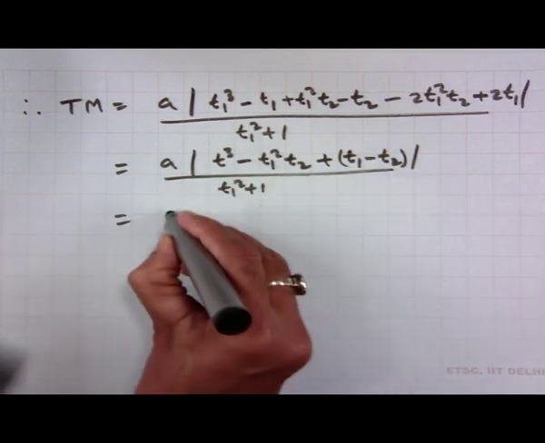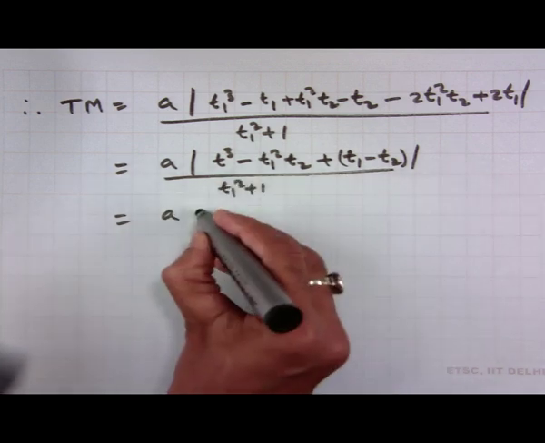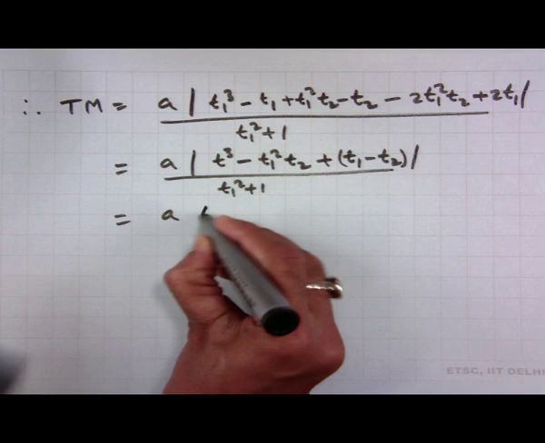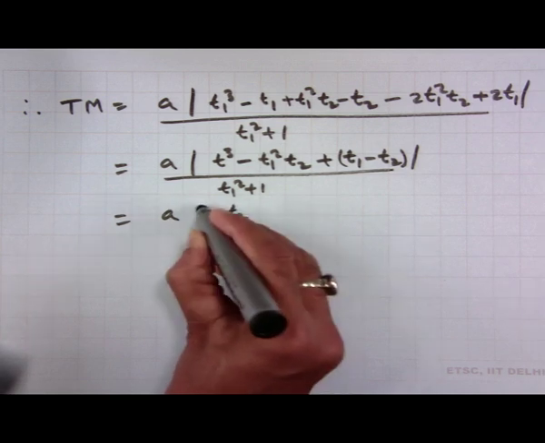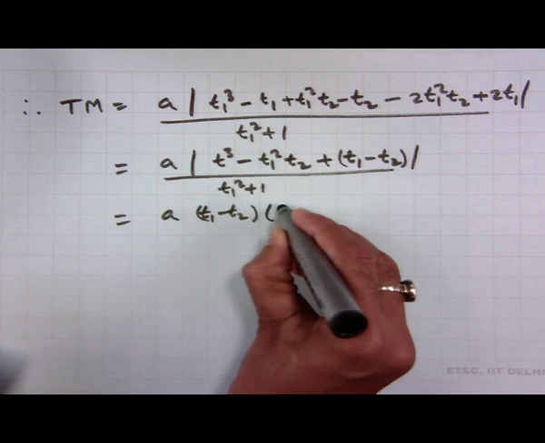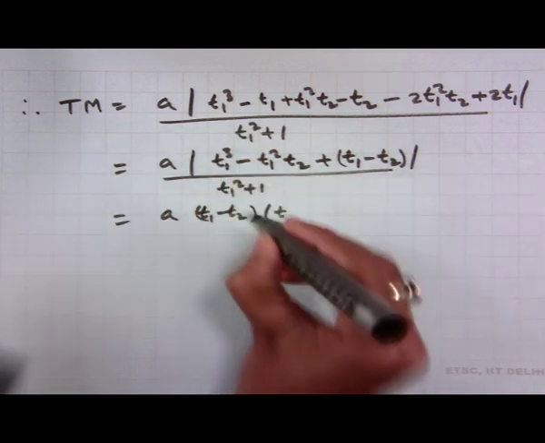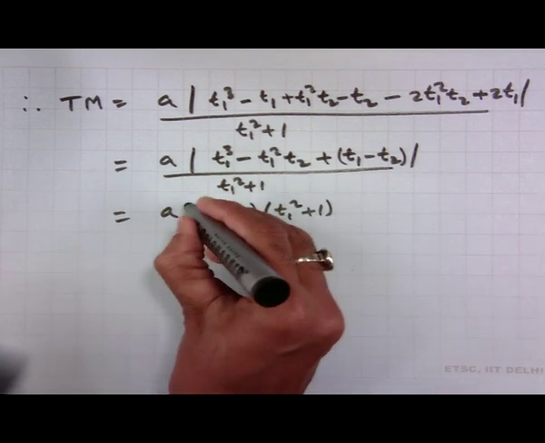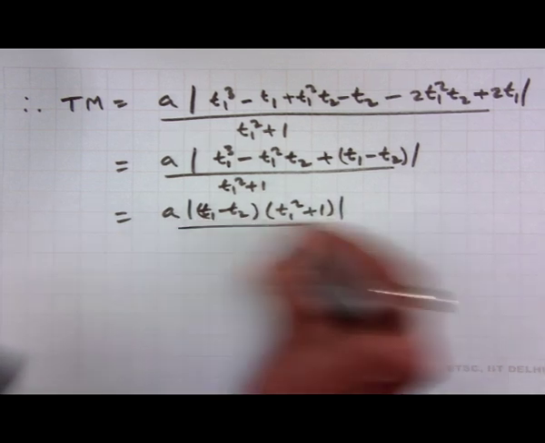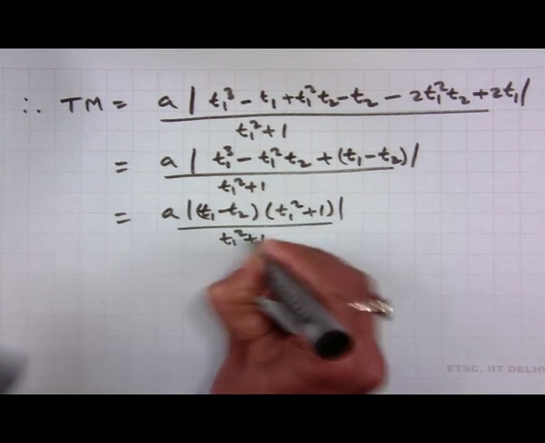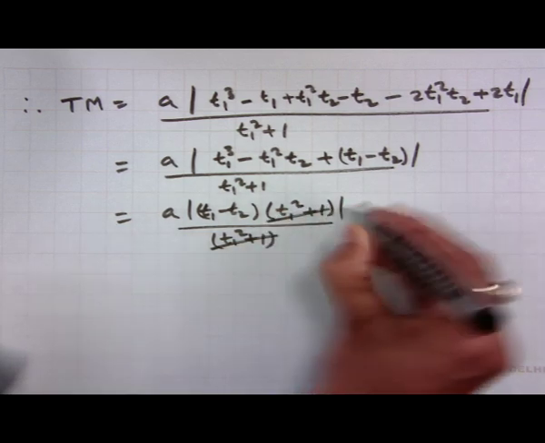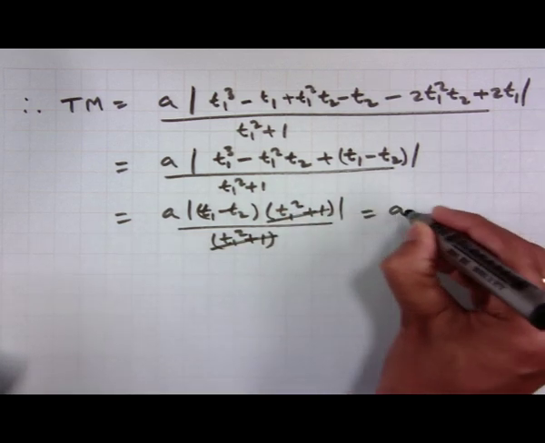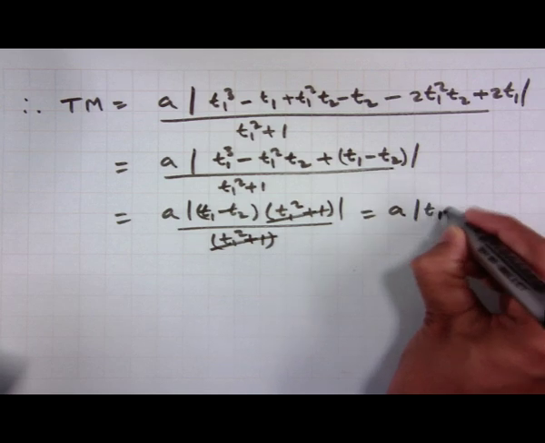Now, you can factor, and this is equal to a times (t1 minus t2) times (t1 square plus 1) divided by (t1 square plus 1). This cancels and you get TM equal to a times mod of (t1 minus t2).